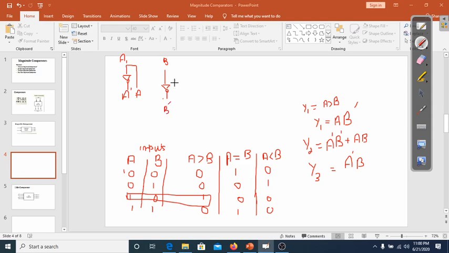This is the B complement and this is input B.